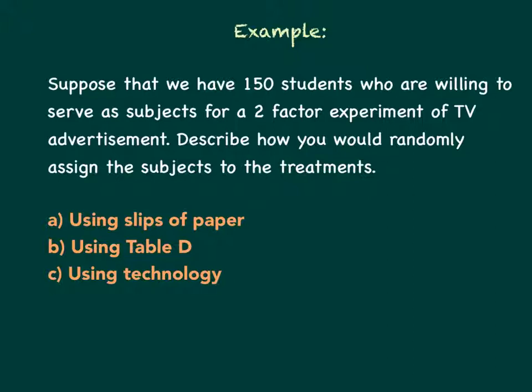It is important to skip repeats or any numbers that are not between 001 and 150. Lastly, for C, using technology, you need to assign each student a number between 001 and 150, and then using the random integer function in the calculator, ignore all repeats and assign the first 75 numbers chosen to treatment 1 and the next 75 to treatment 2.